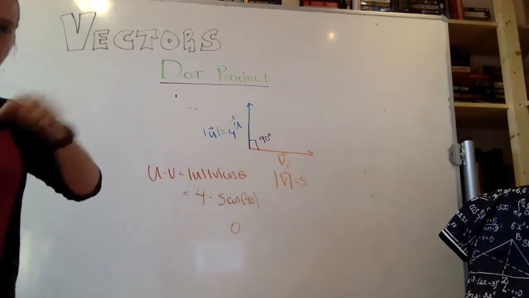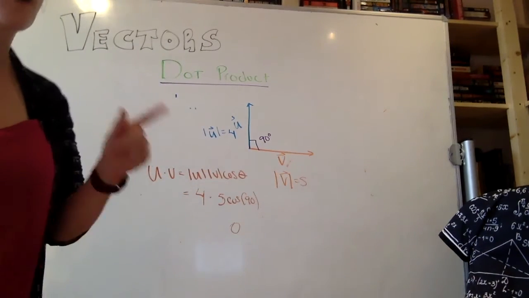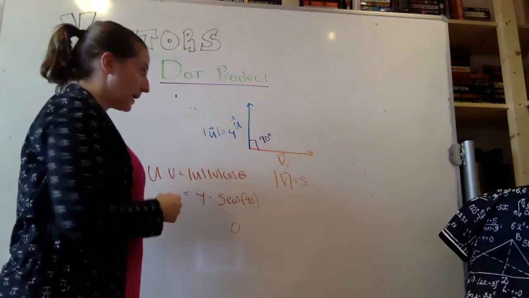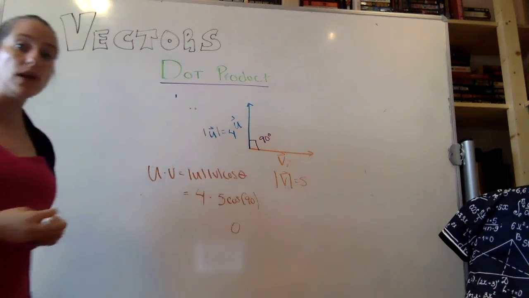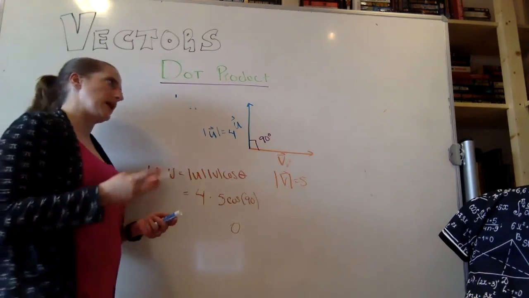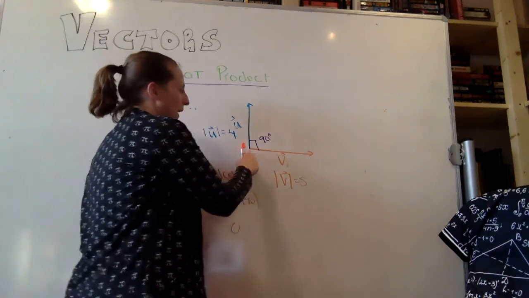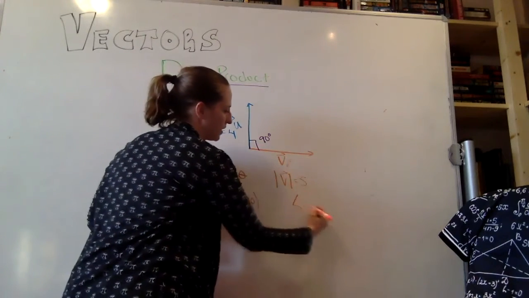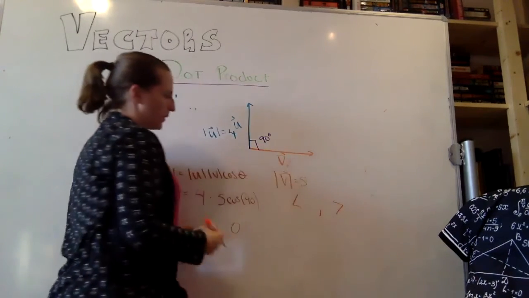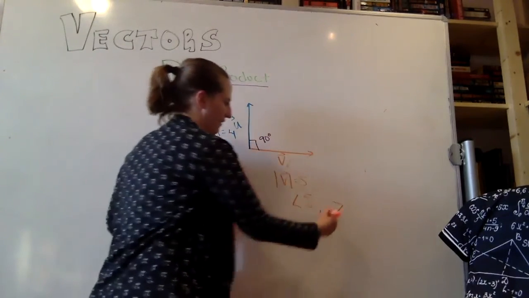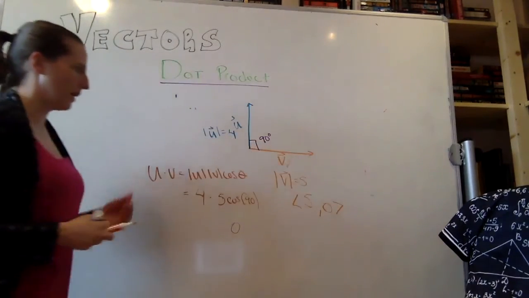Okay, now I want to see if this makes sense with our other interpretation of dot product. Remember, our other interpretation says if I have something in component form, I can multiply horizontal components and add that to the multiplication of the vertical components. I think these will be pretty easy to put into components, right? If I think about the vertical and horizontal components of V, V only has a vertical component. The vertical component is 5, the horizontal component is 0.